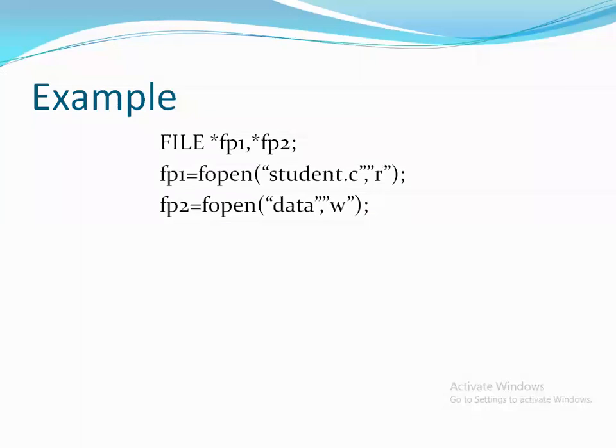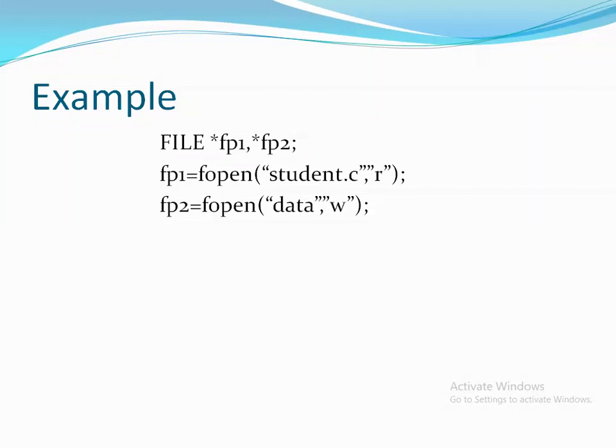Suppose fp1 points to the student.c file. Next, fp2 provides access to the data file. So if you close fp1, then automatically the student.c file is closed.